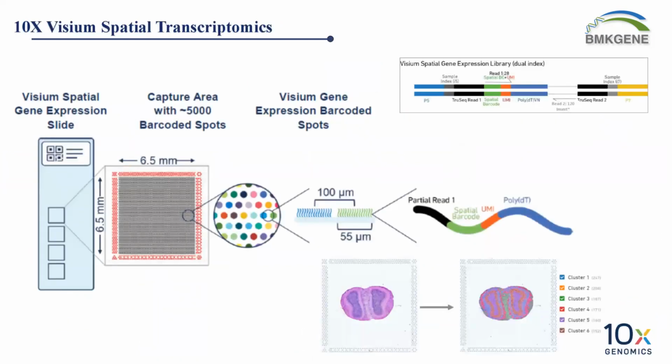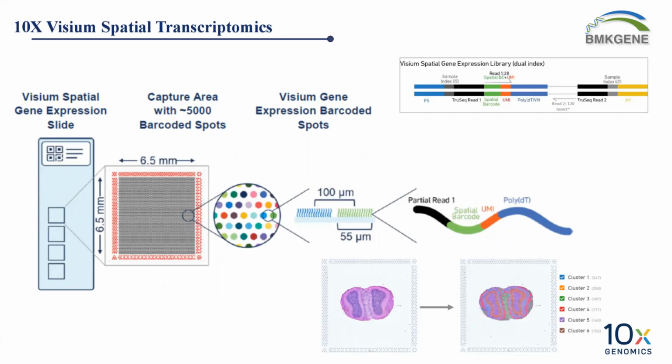There are two main platforms that we use in our company to do spatial transcriptome studies. The most widely applied one is the 10x Visium, introduced by 10x Genomics. Here is a figure showing how 10x Visium helps us to save the spatial information.